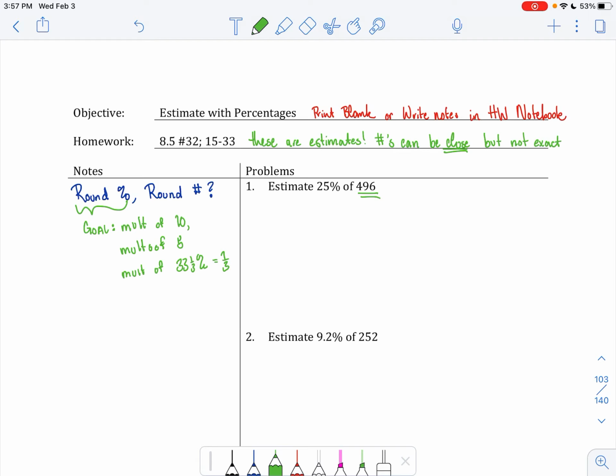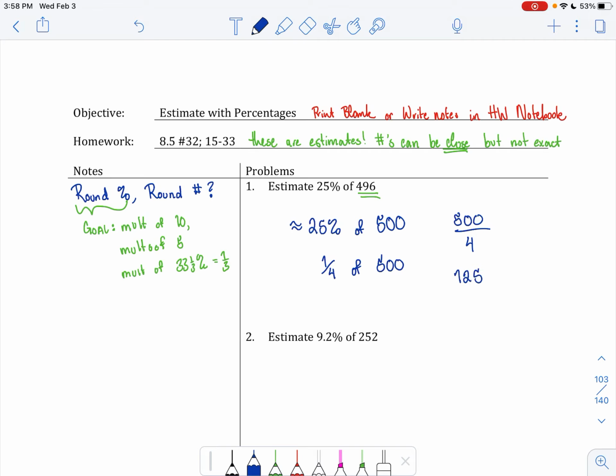So in this case, what is 25% of 496? Well, that's approximately equal to, that's what the symbol means, 25%, as I said, I'm going to keep that, and in this case, I'm going to round 496 to 500. Now, what I'm going to do is remind myself that 25% is 1/4 of 500. So my estimation scratch work is I'm just going to ask myself, what is 500 divided by 4?